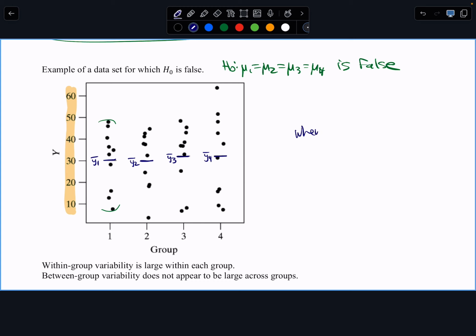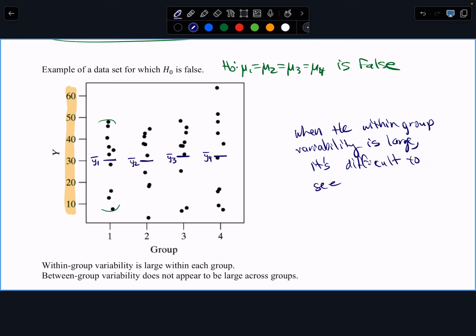So when the within group variability is large, it's difficult to see that mu1, mu2, mu3, and mu4 are not all equal.